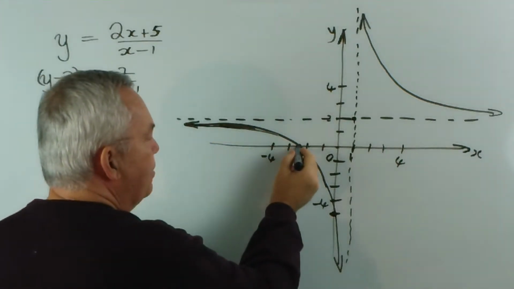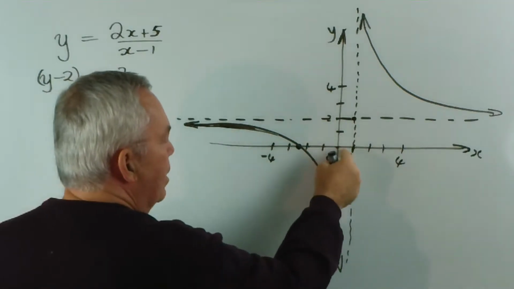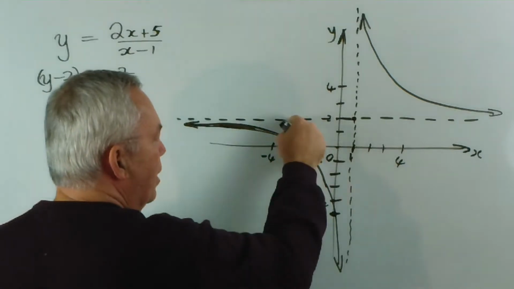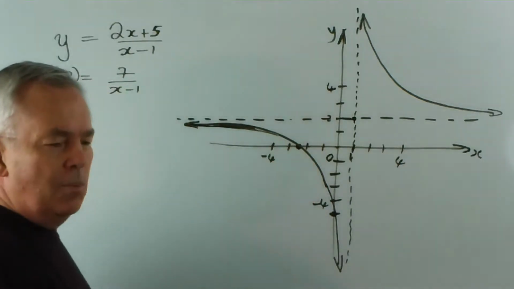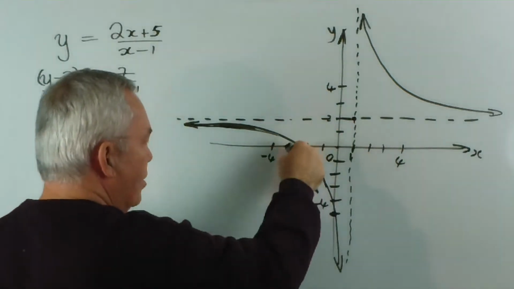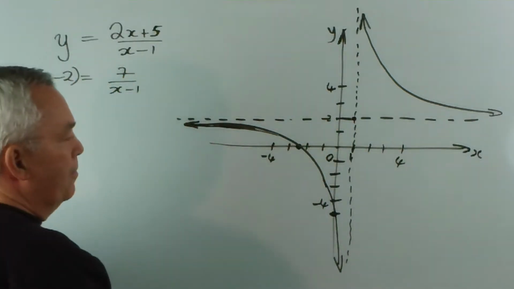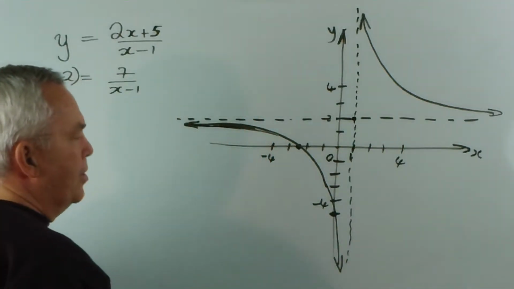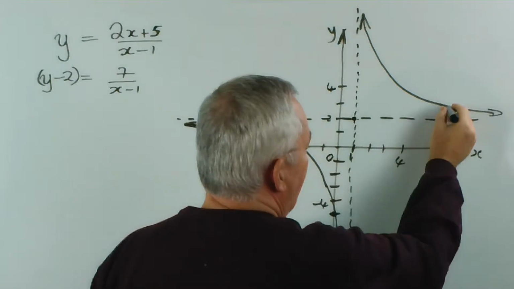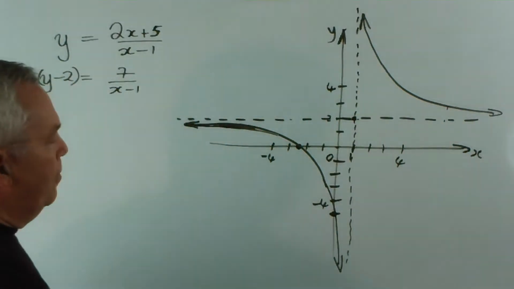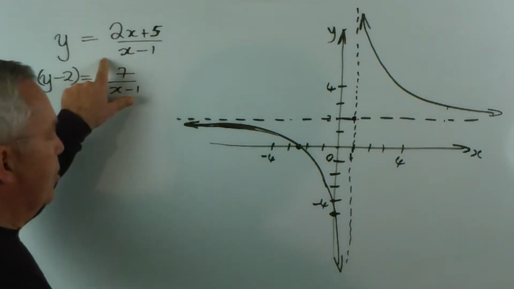This point here is back 3 and a half, and it's down 2. So minus 2 times minus 3 and a half would give us plus 7 as well. And we would have the corresponding calculations up here. So we go up 7 and across 1, or across 1 and up 7, and so forth. But that's enough to draw a fairly decent graph of this particular function.